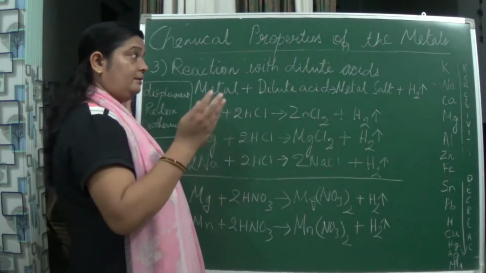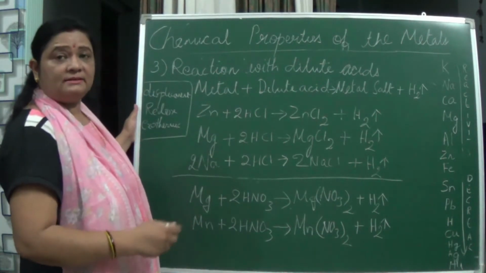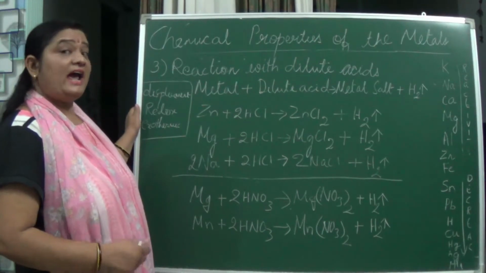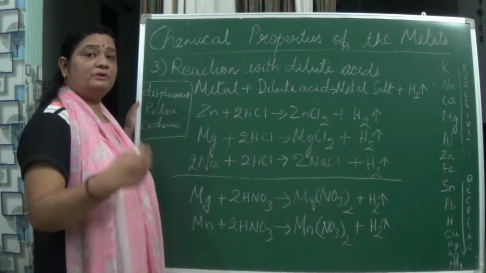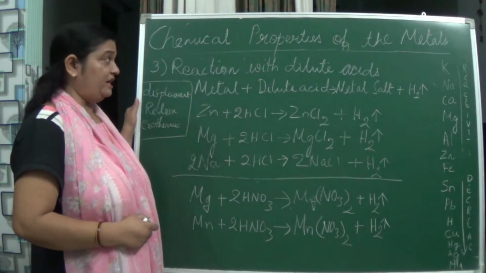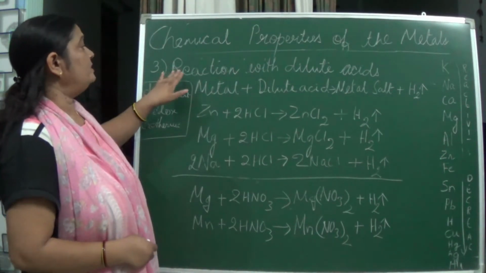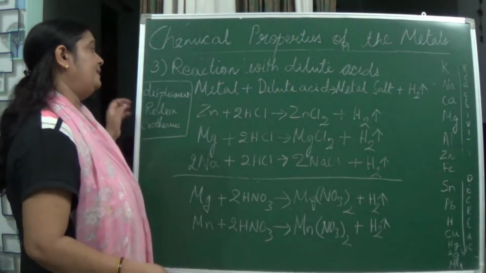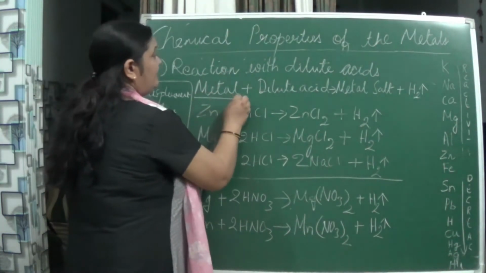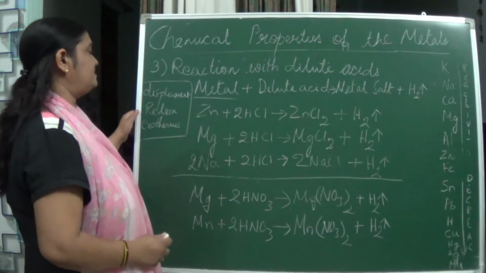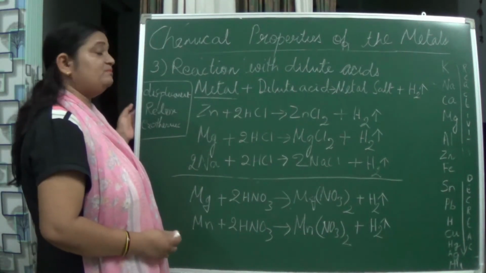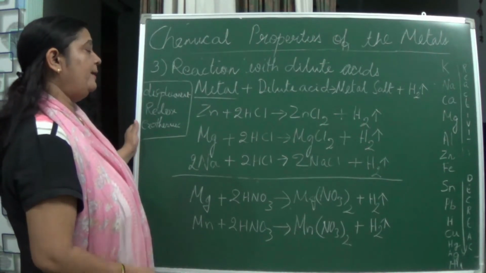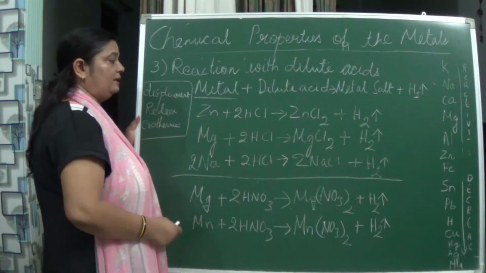The reaction in the case of water was a displacement reaction, a redox reaction, and as heat was also evolved, they are also known as exothermic reactions. Now we will be studying the reaction of metals with dilute acids. Here also all the reactions can be said to be displacement, redox or exothermic reactions. For example, I will be explaining right now.